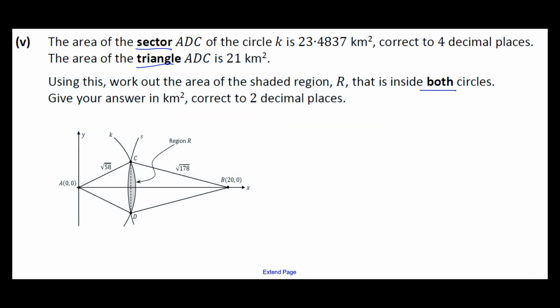So again, what am I looking for? I'm looking for that shaded region. So this one here, okay? Now, what kind of shape is that? Irregular, meaning we don't have a formula to calculate that. And usually when we have an irregular shape, what do we do?